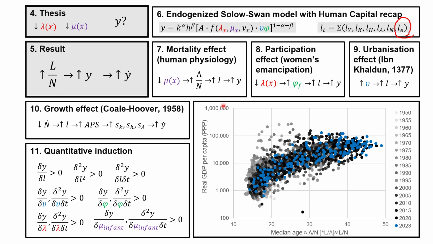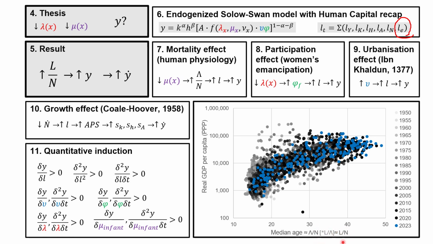So on our y-axis in our favorite chart here, we have real GDP per capita adjusted for price levels. And on the x-axis, we have median age. Now, we're using median age as an estimator for L over N. Of course, it's not a perfect estimator, right? It's a good estimator for adults per capita, uppercase lambda over N. But we are committing an omitted variable bias here by not including the effect of labor hours per adult.